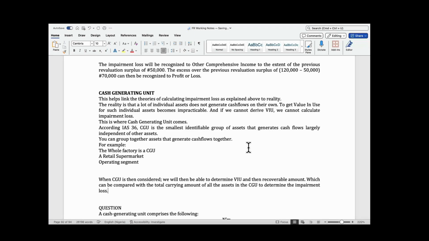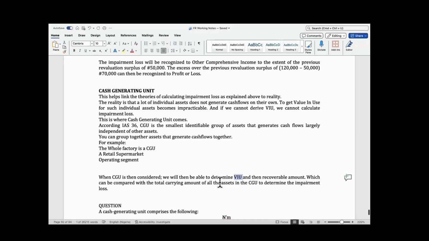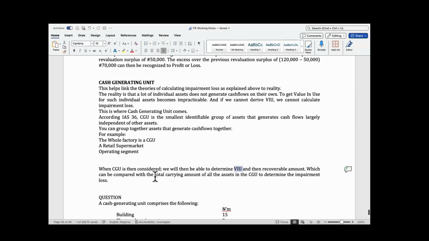Determining the carrying amount of individual assets is not a problem. It is VIU that's a challenge. That's why we need to see the business as a CGU, as one, to get future cash flows so that we can discount them to present value and get value in use. When we do that, you will then need to sum all the carrying amounts of individual assets together, which are going to be compared with the recoverable amount.